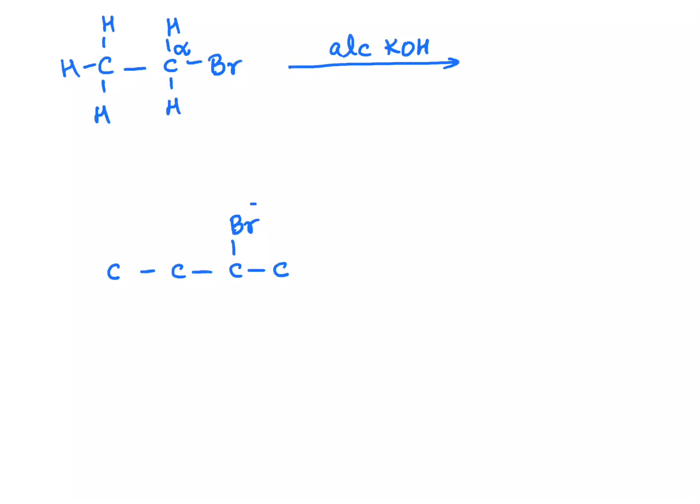So this is our alpha carbon, this is our beta carbon. Halogen leaves from here, the hydrogen leaves from the adjacent carbon, and we have the product CH2 double bond CH2, right? You can also write this product as CH2 double bond CH2. Becomes easier, right?